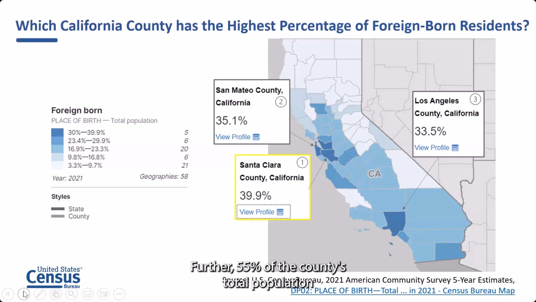Further, 55% of the county's total population and 89% of the foreign-born population speak a language other than English at home, with the highest percentage of that population speaking Asian and Pacific Islander languages.